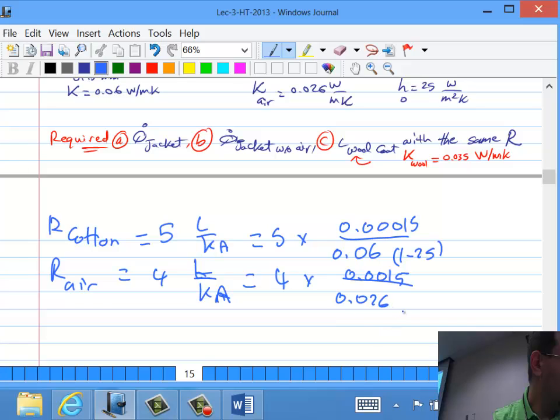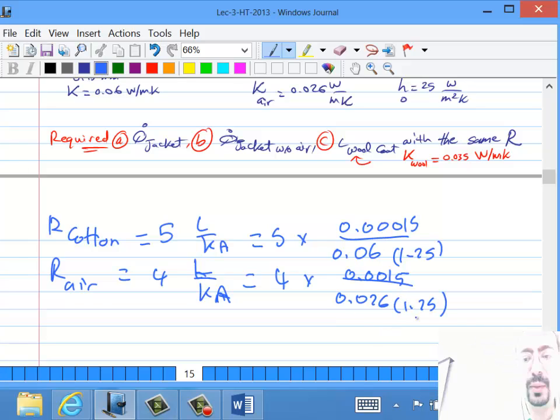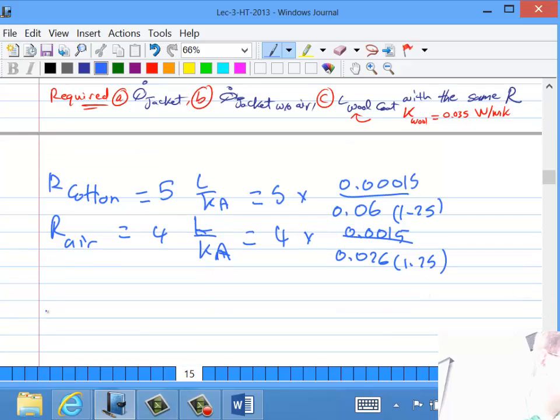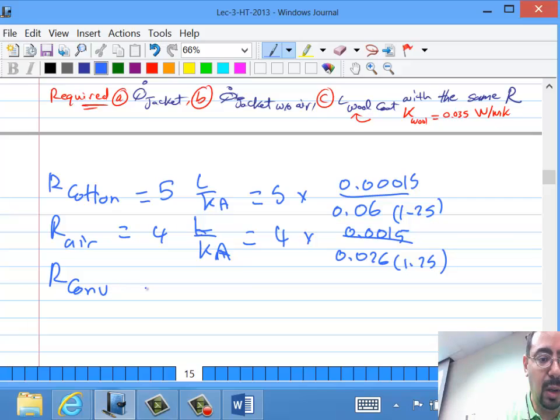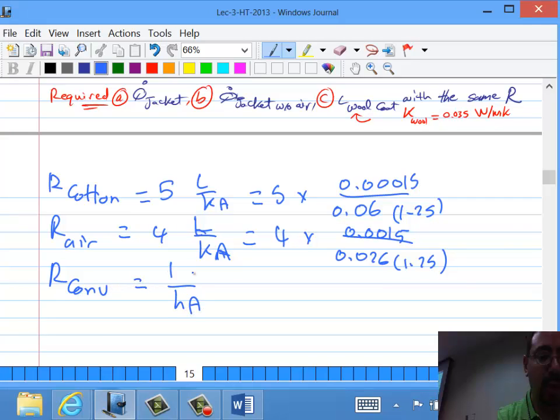And eventually our convection is 1 over HA, so it's 1 over 25 times 1.25.